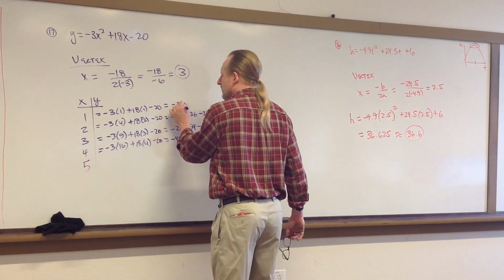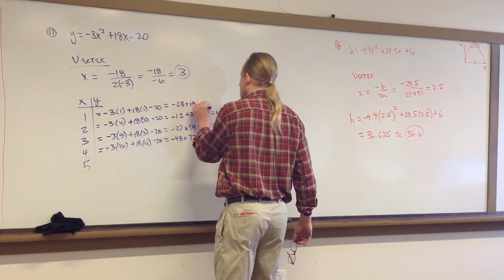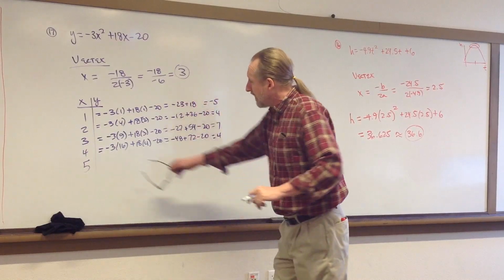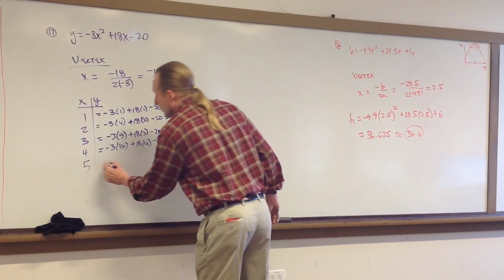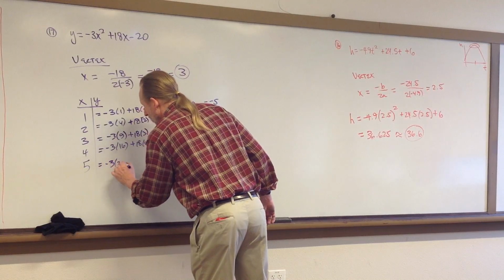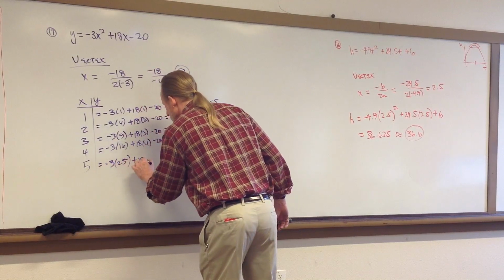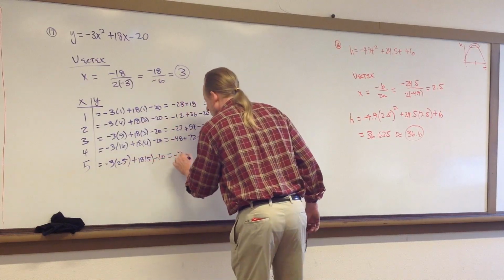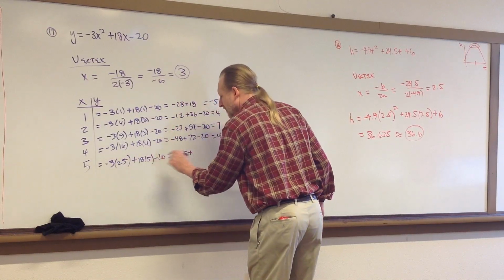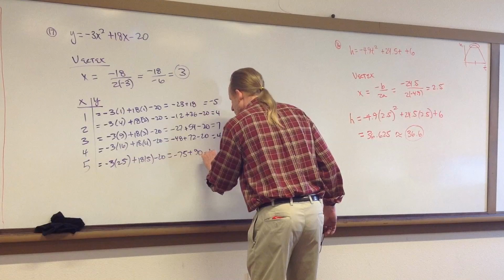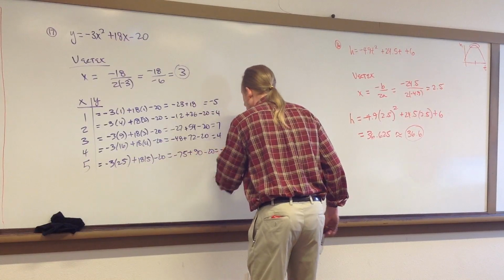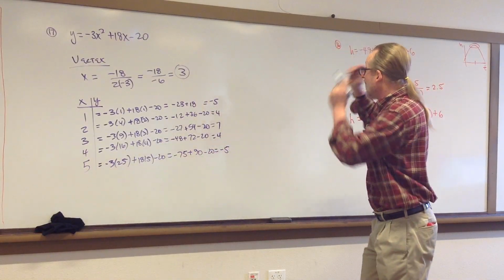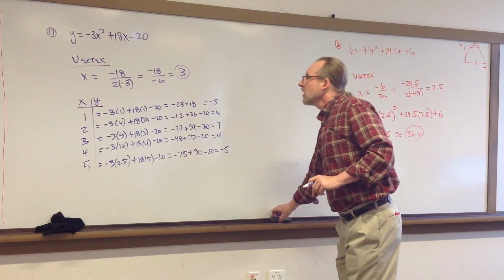So negative 3 plus 18 minus 20, that should be negative 5. And I'll check this one down here to see if this is negative 5 as well. Negative 3 times 5 squared plus 18 times 5 minus 20. So negative 75 plus 90 minus 20. Yeah, negative 5. Okay, so this is where my graph is going to go.